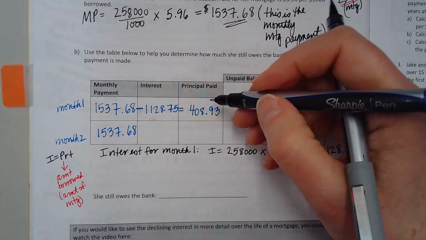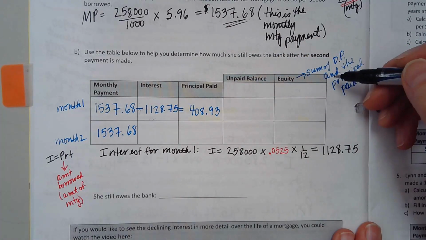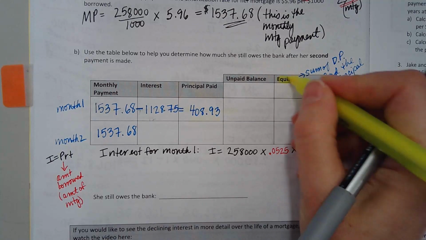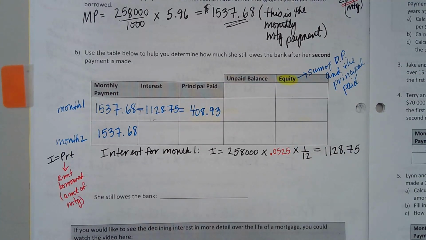So all of these are going to keep adding to the equity. The equity is how much ownership you have in your house. I'm going to define that a little bit better later on when we finish this and we can summarize. This is another financial word, right? I'll define that a little bit later.